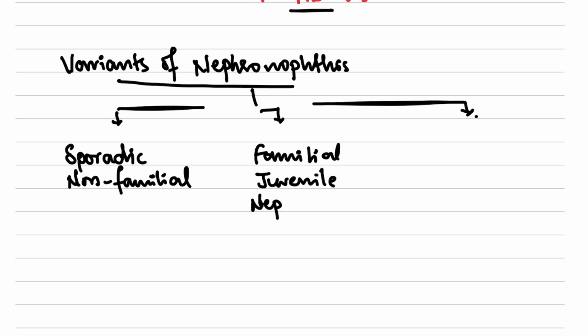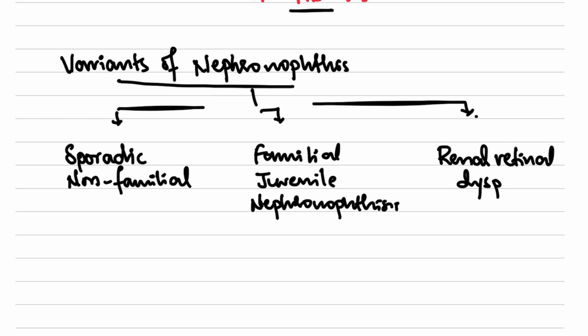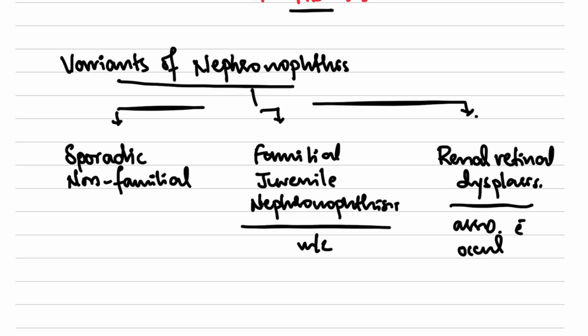And the third variant is called renal retinal dysplasia. This is the most common variant, the familial juvenile nephronophthisis, and this is associated with ocular lesions. That's why it is called renal retinal. So this is associated with ocular lesions in the patient.